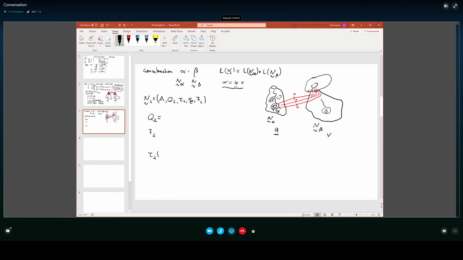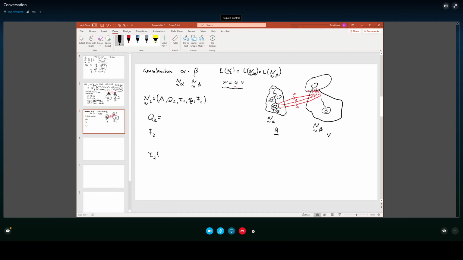Q sub 0 in F beta simply is the same as asking, is the initial state of the second automaton accepting? If Q sub 0 is in F beta, then the initial state of the second automaton is accepting. If Q sub 0 is not in F beta, then the initial state of the second automaton is rejecting.